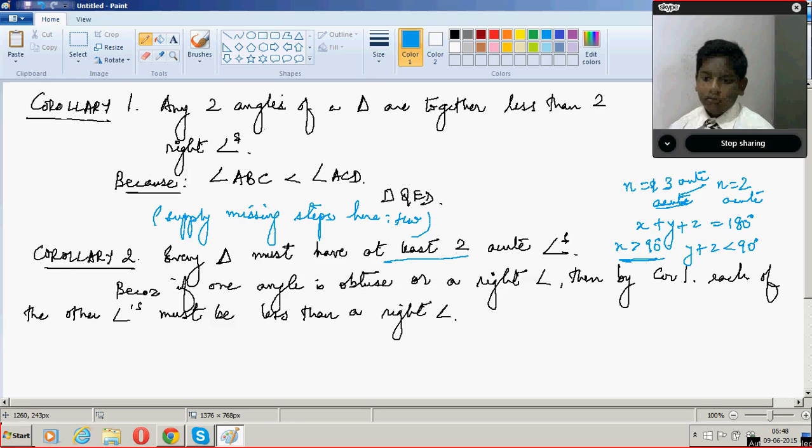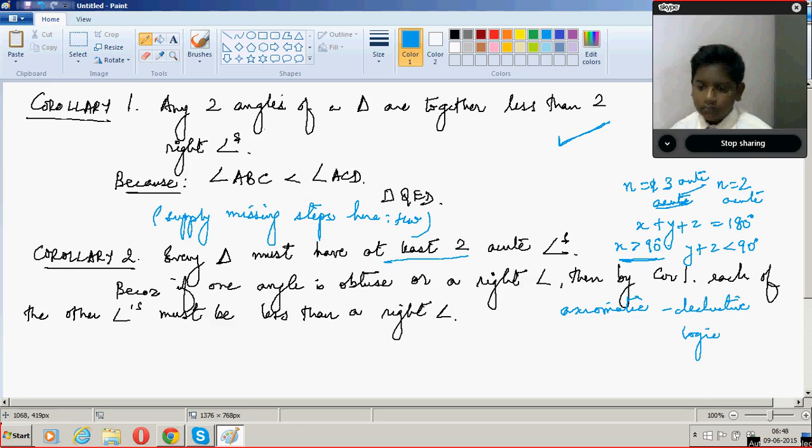Only thing is, we are not allowed this algebraic reasoning. We are using pure geometric reasoning. This is the beauty of axiomatic deductive logic.